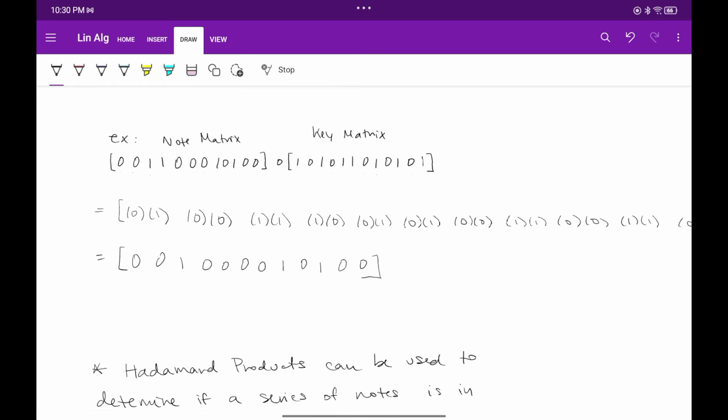And we can see here that this is different than the original note matrix in this fourth element here, indicating that the note matrix does not belong in the key matrix. However, if this singular element had been switched from a 1 to a 0, then you could see that the matrix would otherwise be intact, and that would be in the key matrix.